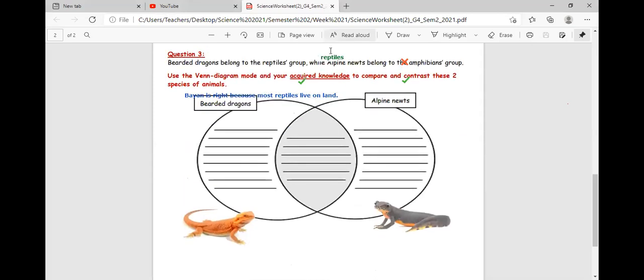Last question for today. We will compare bearded dragons, which are reptiles, and newts, which are amphibians. So one animal that belongs to the reptiles group and another animal that belongs to the amphibian group. Yalla, what can we write in the middle, ya Mary?